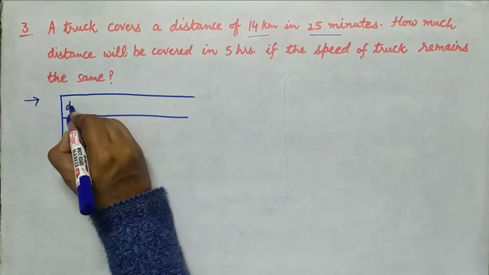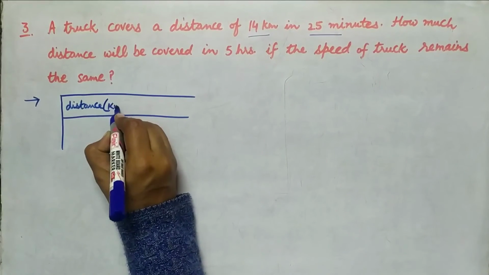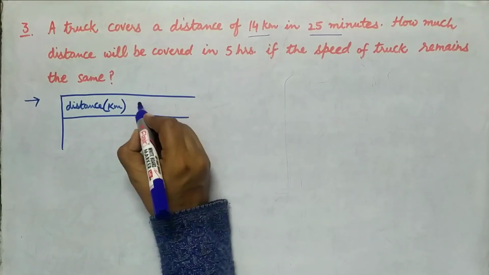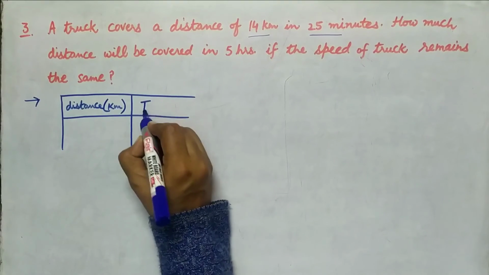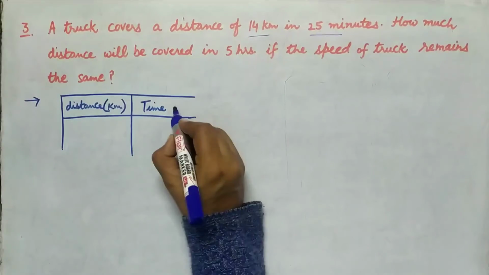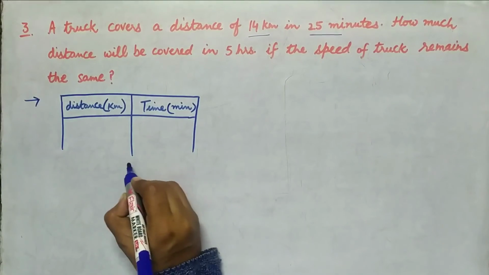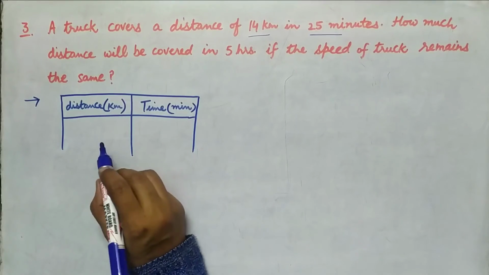Distance, that is given in kilometers, and time. It is given in minutes. These are our two columns. Now put the values.